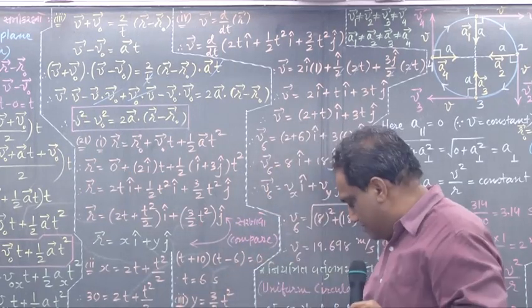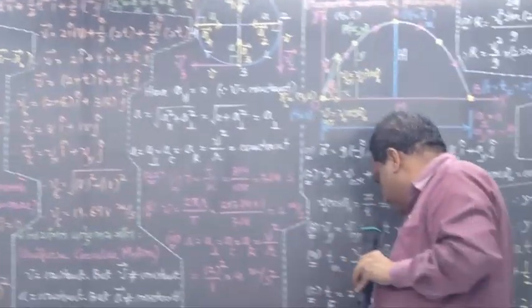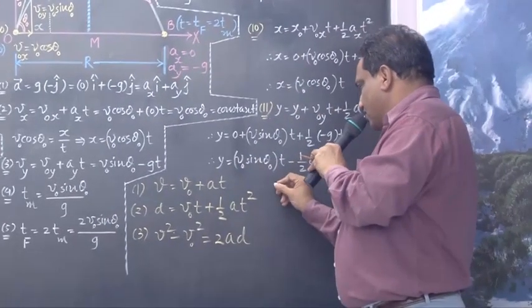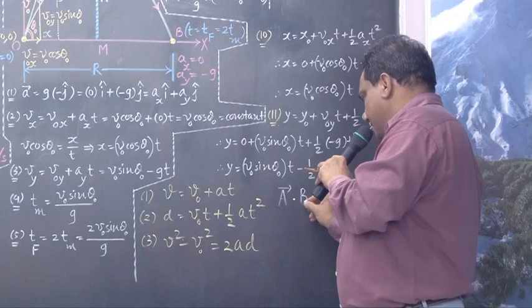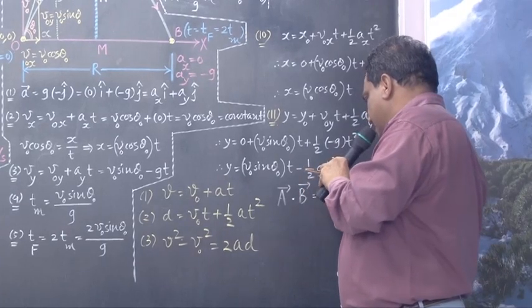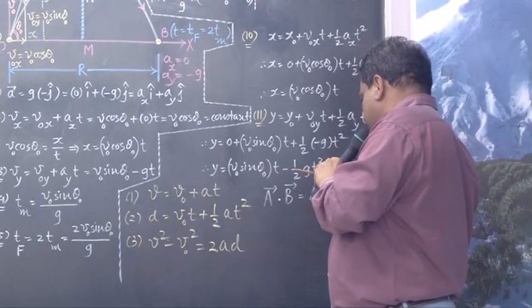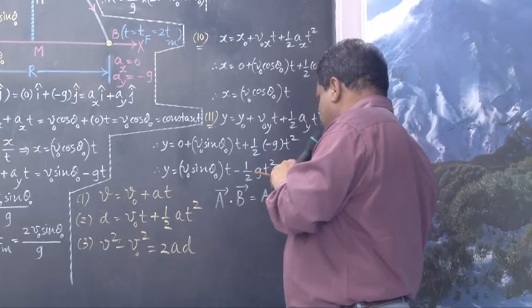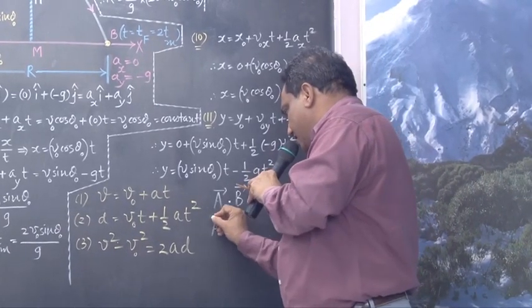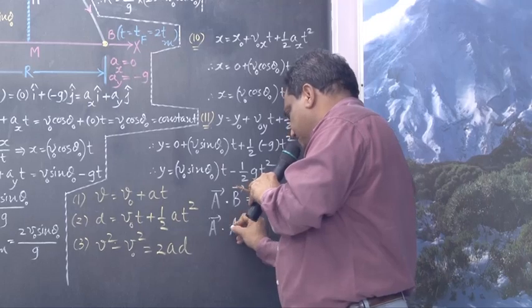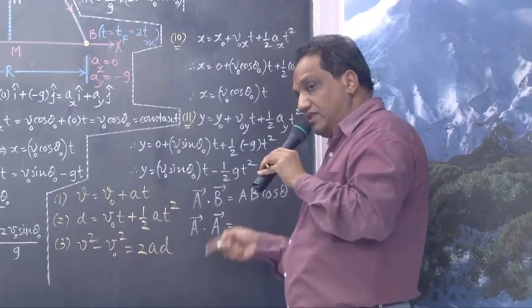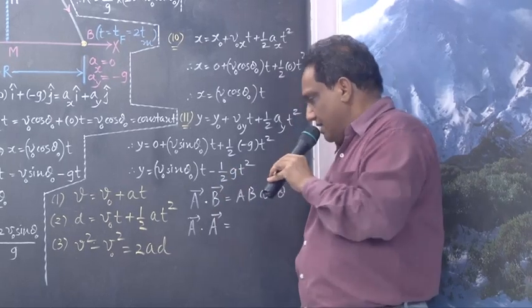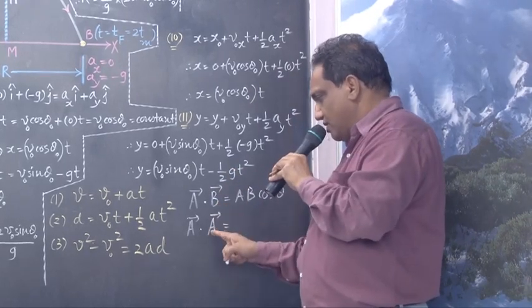Why? What was the definition of vector a dot vector b? ab cos theta. Suppose I am taking vector a dot vector a, the dot product of a given vector taken with itself. Then wherever it is b, I should write a.